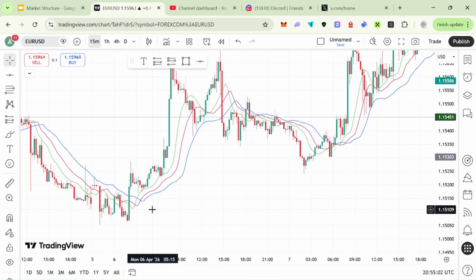For those of you who watched my last video, I recommended a book, and if you've read that book, you would understand properly what I'm talking about. These are all candlestick patterns and they form everywhere on the chart.